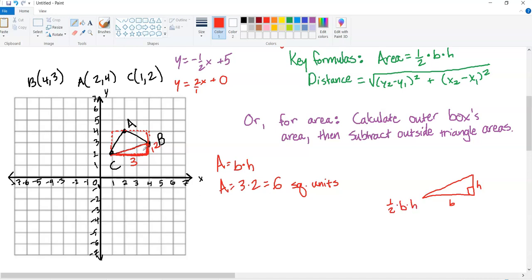So in this case, let me go ahead and number this outside triangle. I'll call this one number 1. So triangle number 1 would be equal to 1/2 times 3 times 1. Sorry, a little sloppy there. 1/2 times 3 is 1.5 square units.